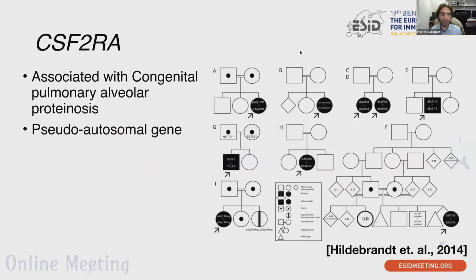And the reason for that is that even though it's an X-linked gene associated with a very severe disease, congenital pulmonary alveolar proteinosis, it's actually in the pseudo-autosomal region of the X chromosome, meaning that females have 2 copies of the gene since they have 2 X chromosomes, but males also have 2 copies of this gene, one on chromosome X and one on chromosome Y. And this gene is actually recessive, meaning that the males that present the disease also have a Y version of the gene that's mutated. So this gene actually acts more like an autosomal recessive gene than an X-linked gene.